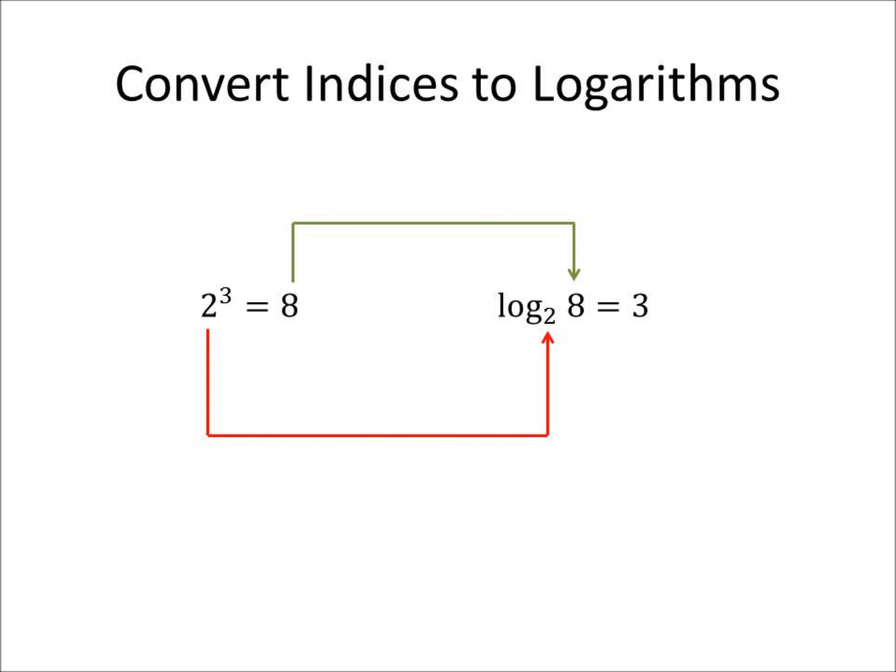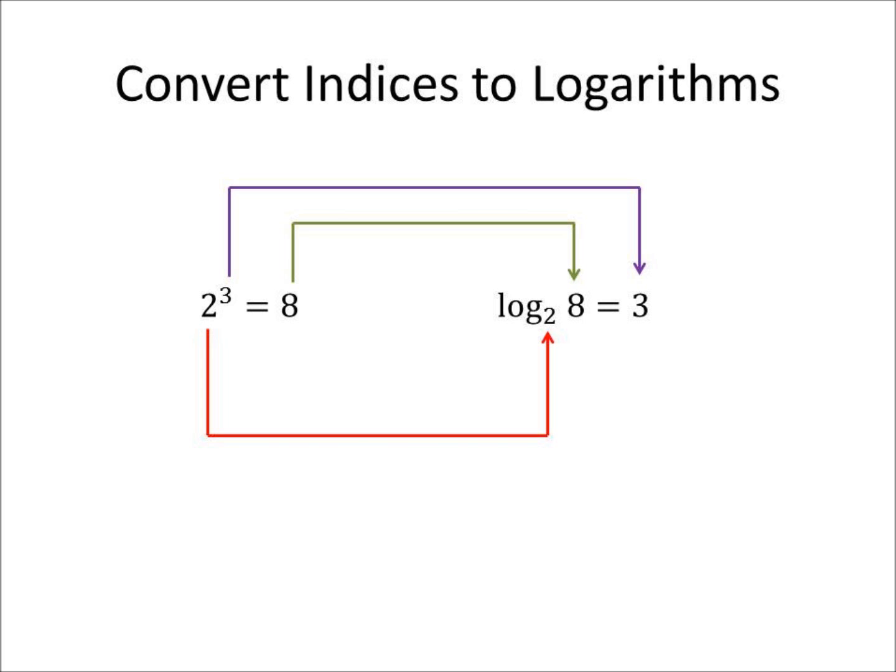And if we move on to the last number, number 3, the power in the indices is going to be converted to be the answer for the logarithm, and it appears on the right hand side of the equal sign. There's one way to remember this easily.